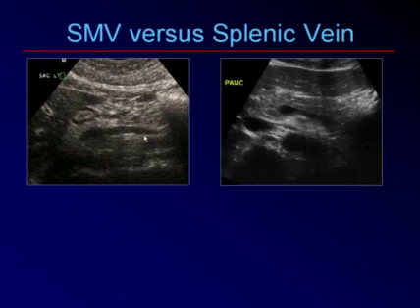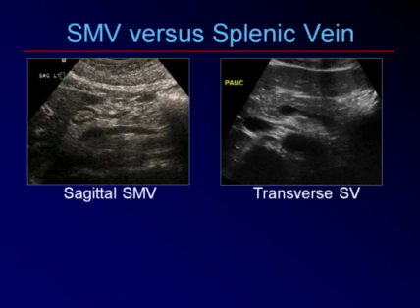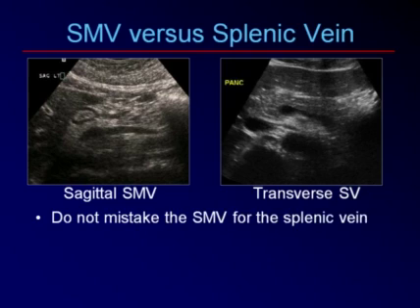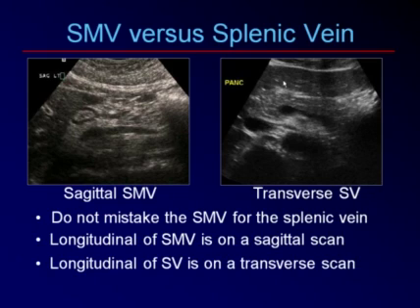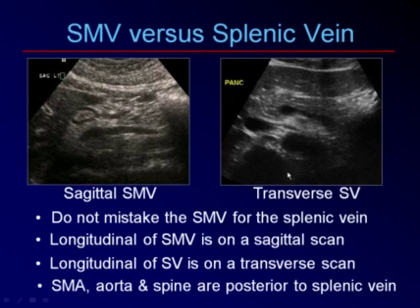So we have to be careful not to mistake the superior mesenteric vein for the splenic vein. The longitudinal superior mesenteric vein is on a sagittal scan. The longitudinal splenic vein is on a transverse scan. And SMA, superior mesenteric artery, aorta, and spine are posterior to the splenic vein.